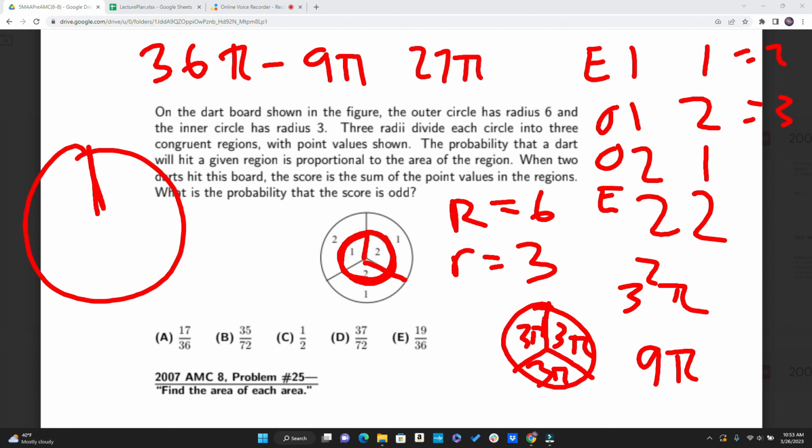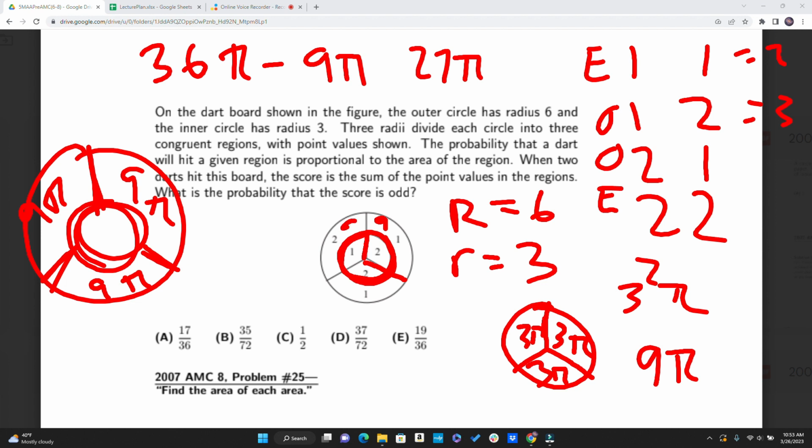Just like the little circle, the big circle is divided into 3 parts. 27 divided by 3 is 9 pi for each part of the big circle. So now that we have each of the areas, this will be 9, 9, 9, and then 3 for each of the insides.